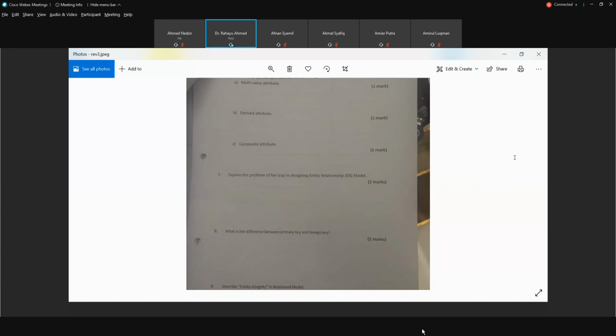Okay, first of all, clear yourself on the definition of each. Multi-valued means one attribute can have many values. Can your IC number be multi-valued? No. You only have one unique IC number. So what can you have as multi-valued?